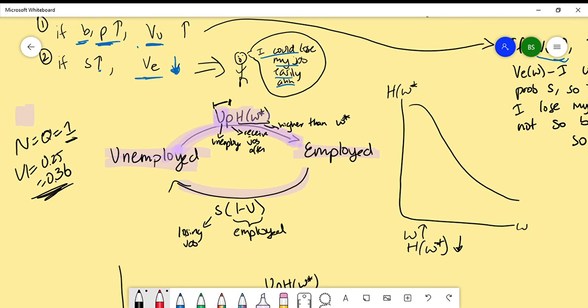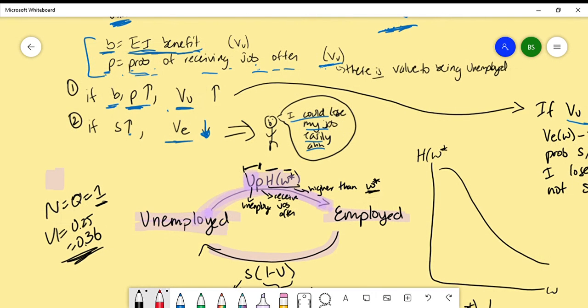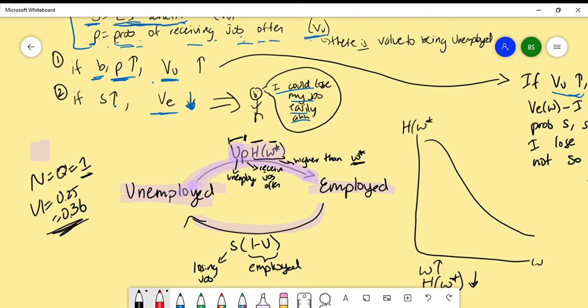First of all, from being unemployed to employed, you have to take the people who are unemployed, and then you multiply it by the probability of them receiving a job offer, P. You have to multiply that by the probability that the wage they're offered is higher than their reservation wage. Remember, people will only accept a job if the wage they're offered is higher than the reservation wage.